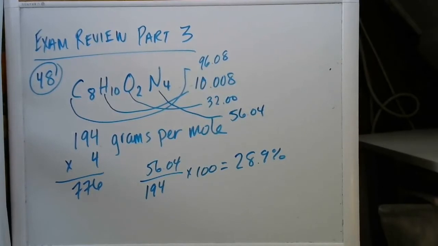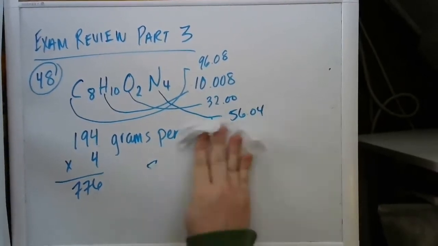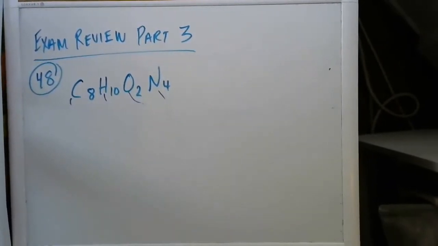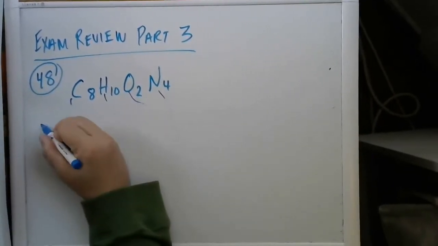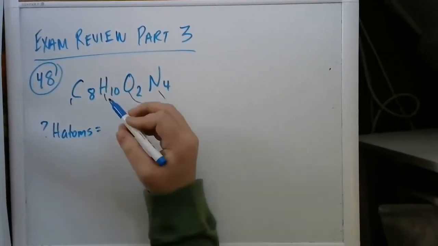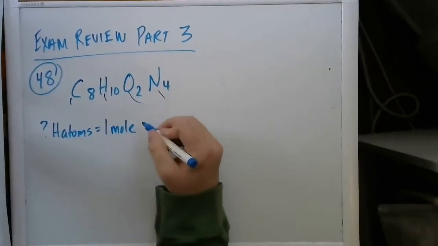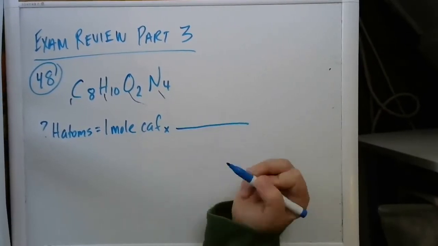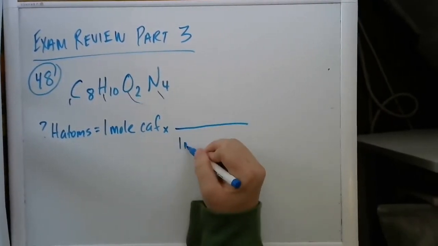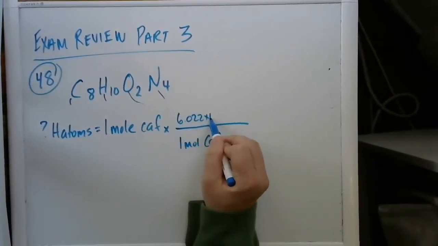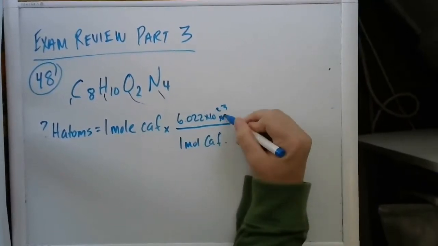Okay, let's see. Let's erase some stuff so that we can do this math out. How many hydrogen atoms equals 1 mole of caffeine? Then we can say that for every 1 mole of caffeine, there are 6.022 times 10 to the 23 molecules of caffeine.